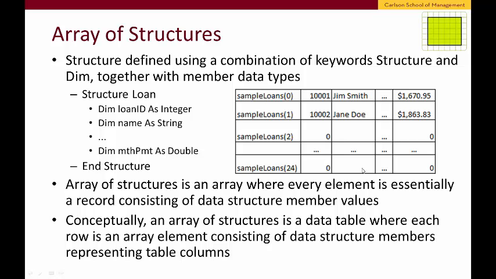Each array element, like sample loans of 0, sample loans of 1, sample loans of 2, is an instance of a data structure, and it's stored in the sample loans array, which is of the type loan, which is defined over here on the left. The members of the loan data structure are, as we mentioned a few times by now, loan ID is integer, name is string, and so forth, all the way to MTH as double.